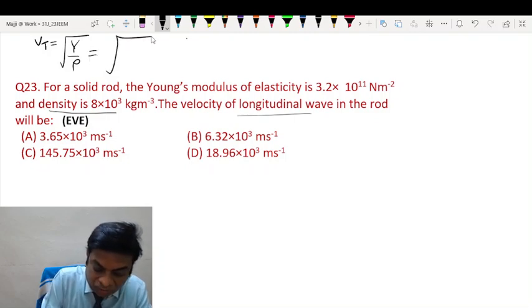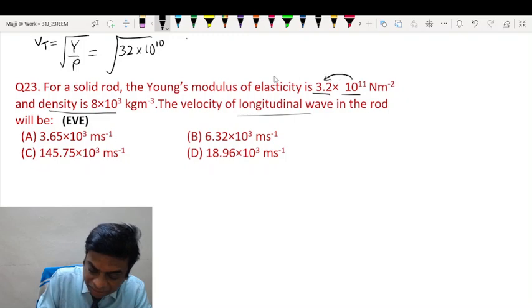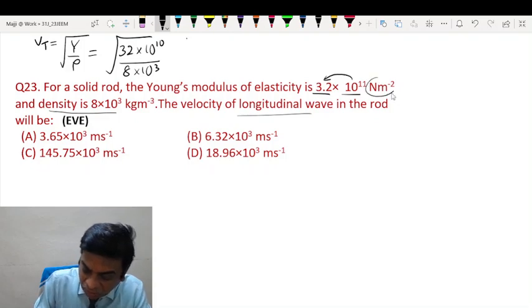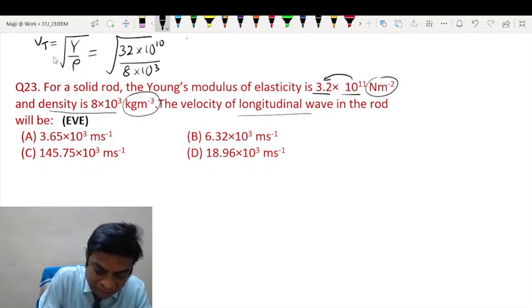Young's modulus I can write as 32 into 10 to the power 10, upon a density of 8 into 10 to the power 3. Remember, I have substituted all the quantities in SI units and I expect the answer in SI units, which will be meters per second. So 8 fours are 32, and 4 into 10 to the power 10 minus 3 is 7.